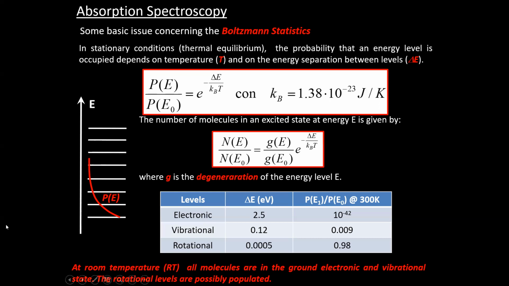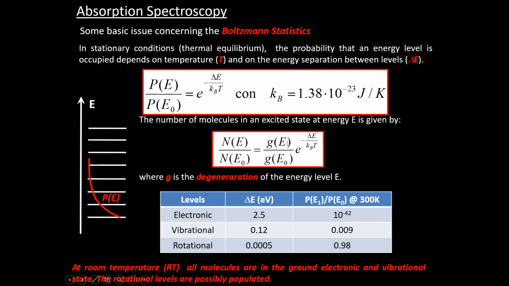So each energy level of a system may be degenerate due to any symmetry of the system or of the molecule. Now here, when you calculate this occupation number, you have to multiply by the degeneracy of your energy level E divided by the degeneracy of the energy level E naught.